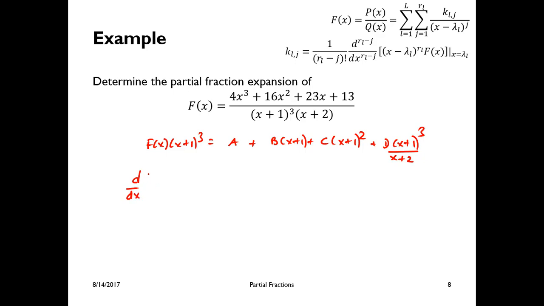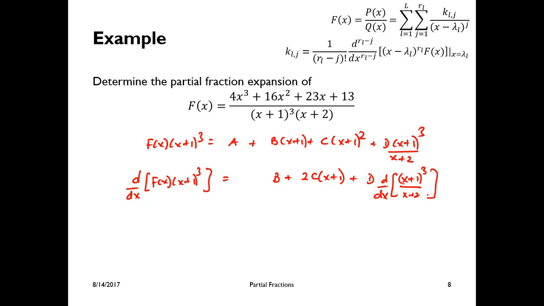So I take d by dx of f of x times x plus 1 cubed. This is going to give me B plus 2 times C times x plus 1 plus D times the derivative of x plus 1 cubed over x plus 2. Now, if I evaluate both sides of this equation at x equal to minus 1, this term is going to drop out, and this term is going to drop out.